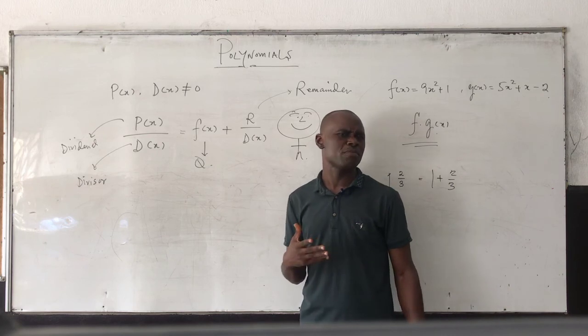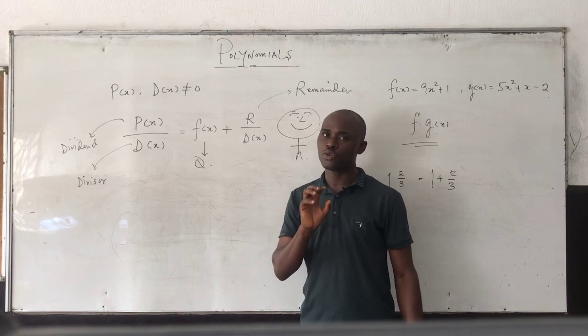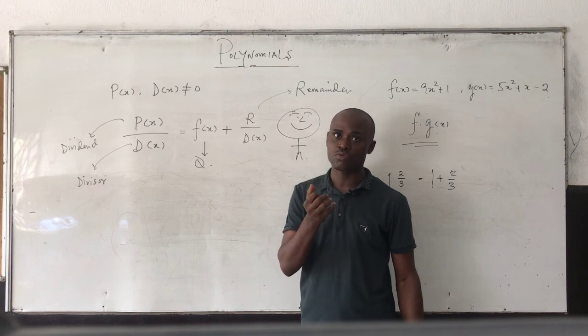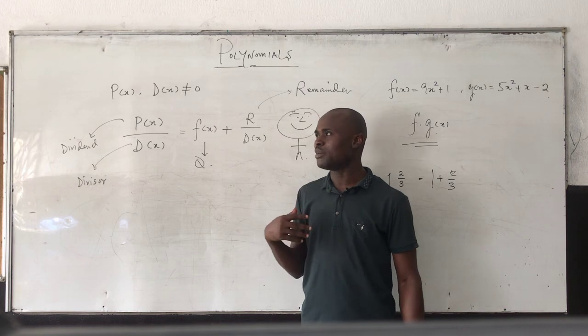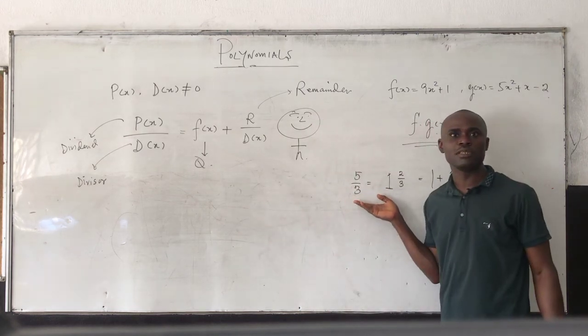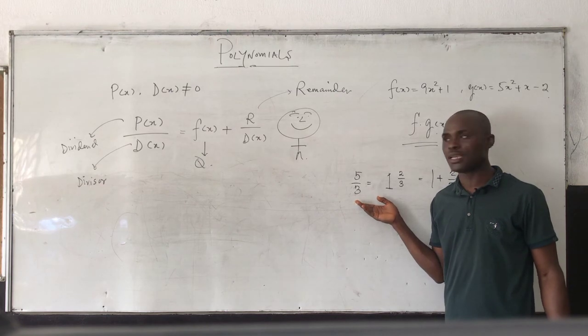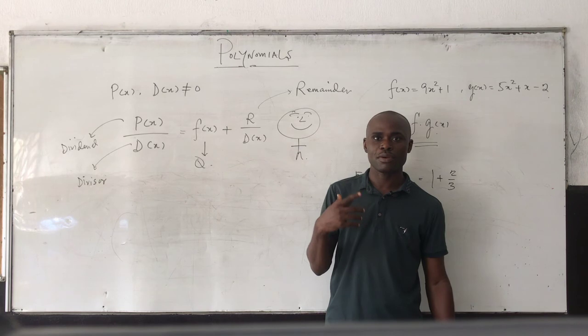And division of polynomials sometimes is very tactical. We have other methods like the synthetic method. I'm going to show you the first method, which is the long division method. The long division method is similar to the division method we did in our early grades. So we're going to be applying it with some principles and we'll get our answer.